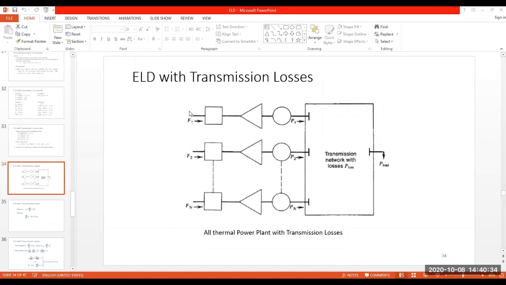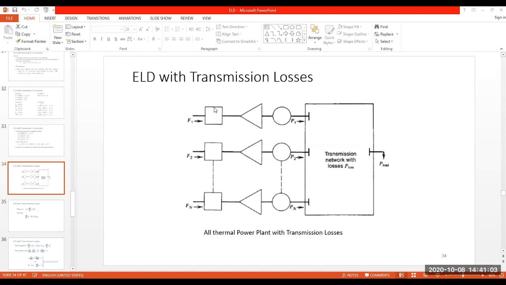F1 stands for the fuel cost for unit number 1. F2 is the fuel cost for unit number 2, and so on. So we have up to, let's say, n number of generating units supplying power. They are available now, so they are able to supply power to satisfy the demand and the losses, because now we are including the transmission losses in our ELD formulation.